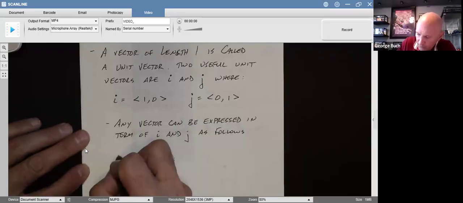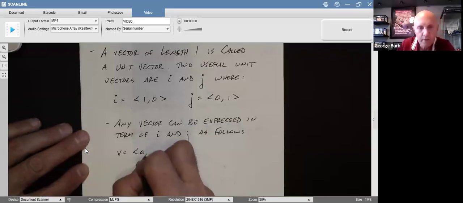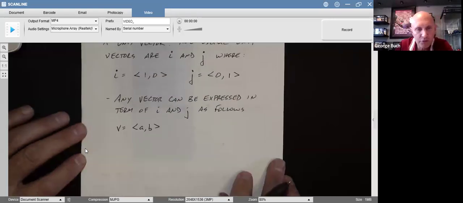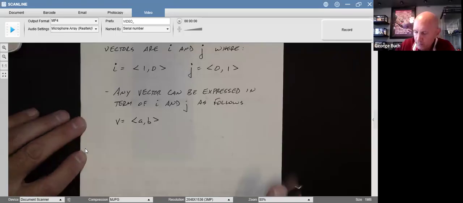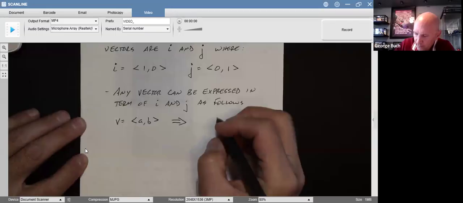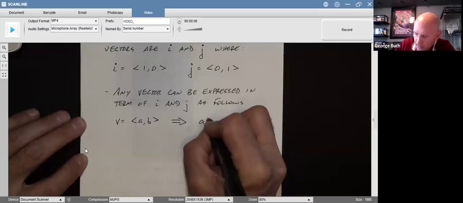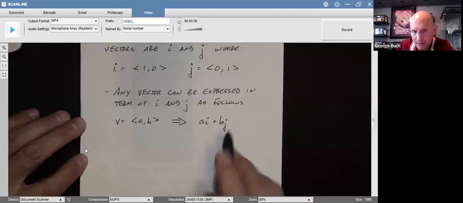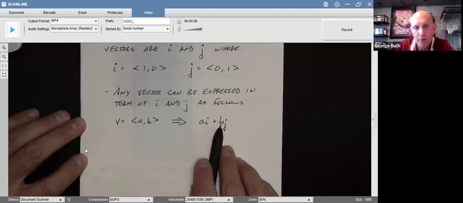So if I have some vector with its components A and B, so A units left or right, B units up or down, this can also be written as AI plus BJ. So A units left or right, B units up or down.